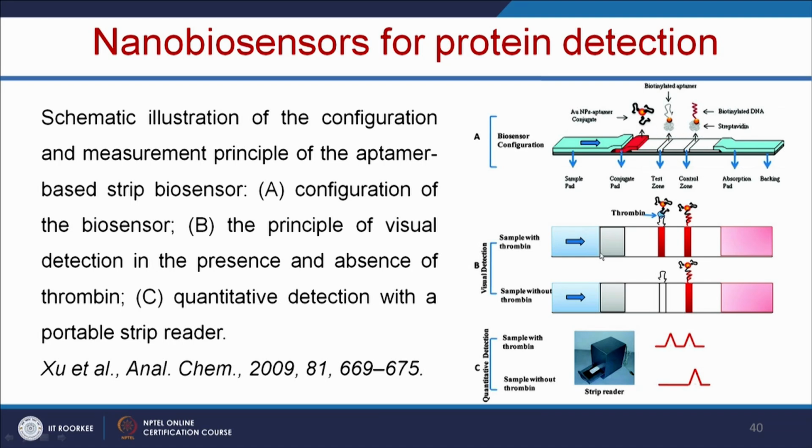When you add the sample with thrombin, you get 2 lines, in the test zone as well as the control zone. For the sample without thrombin, there is no line in the test zone. Using this strip reader, we can easily quantitate the amount of thrombin present in a particular sample.